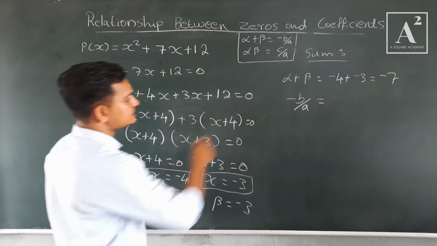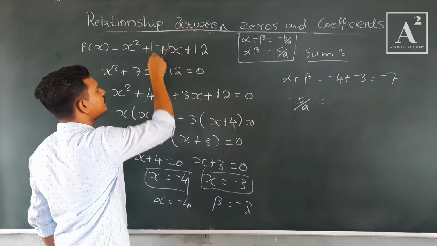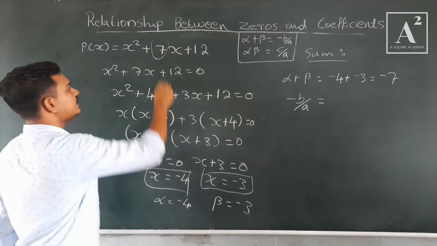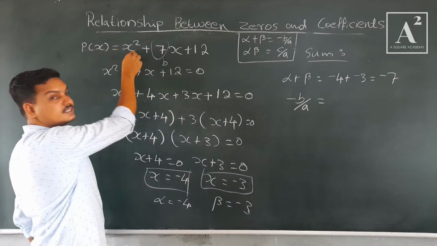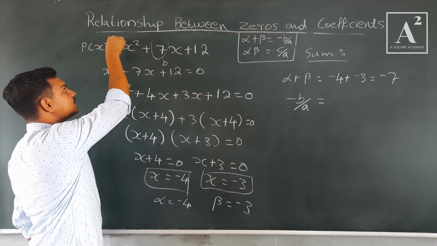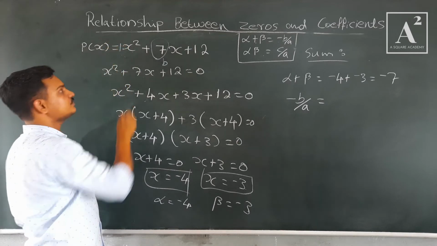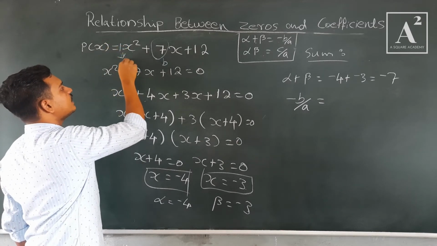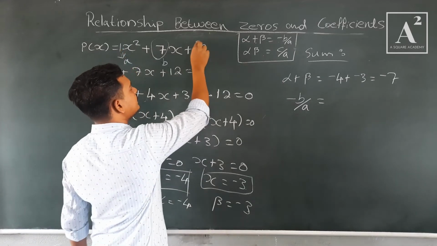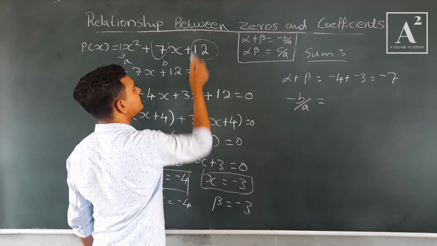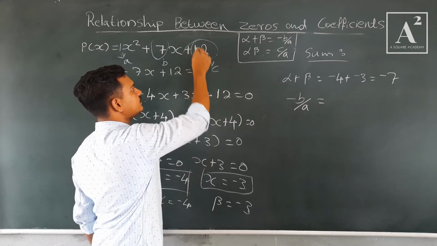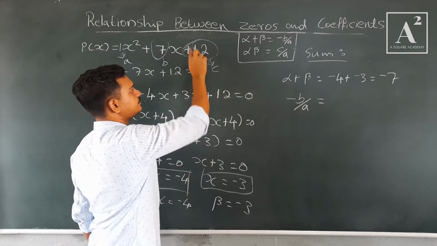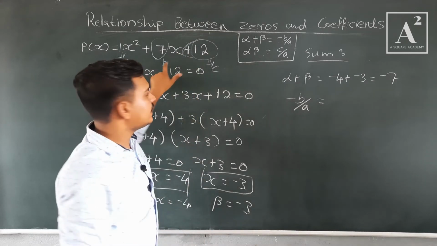The coefficient of x is called b. This is b, and the coefficient of x square, nothing else is present, so this is 1. This is your value a, and the one term without any variable is called our constant, including the sign, right? So these are the values of a, b and c.